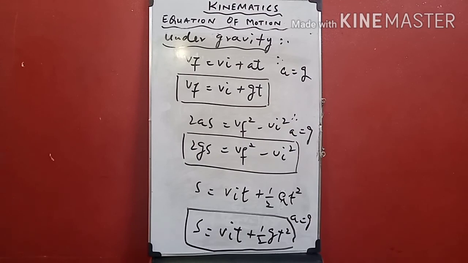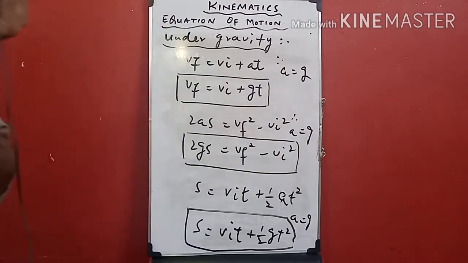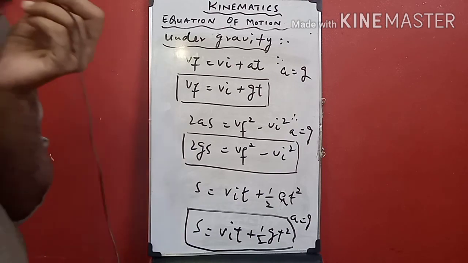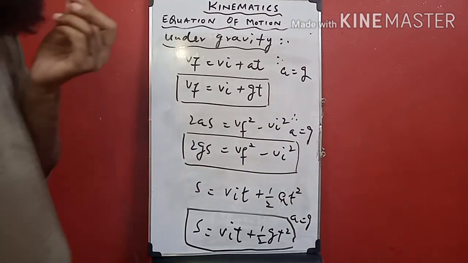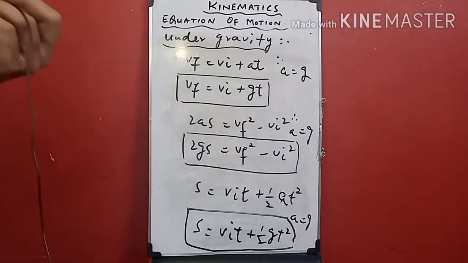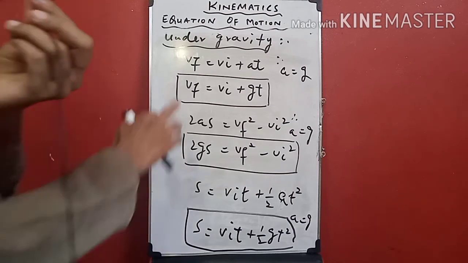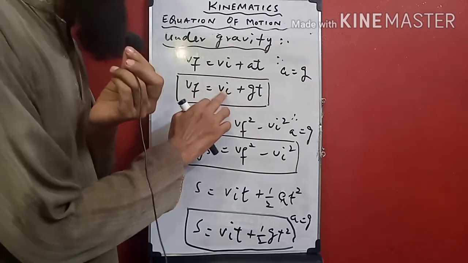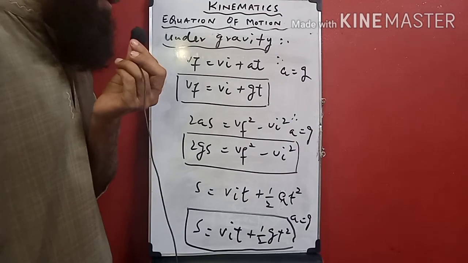The value of g is a constant value. When the body comes from a height towards the earth, g is taken as positive. If the body goes away from the earth, it is taken as negative. So therefore, Vf is equal to Vi plus Gt is the first equation of motion under gravity.